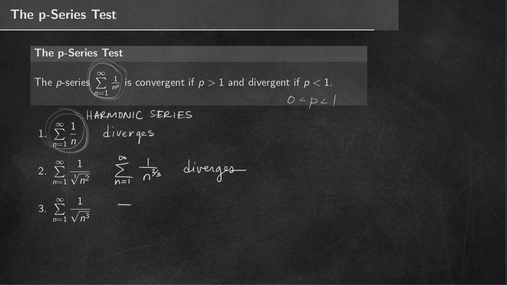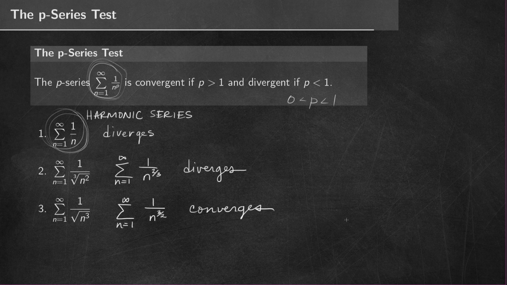And the last one we can rewrite as the sum from n equals 1 to infinity of 1 over n to the power, so it's the square root of n cubed, that's n to the power 3 over 2. 3 over 2 is 1.5, and that's bigger than 1. So this series converges by the p-series test.